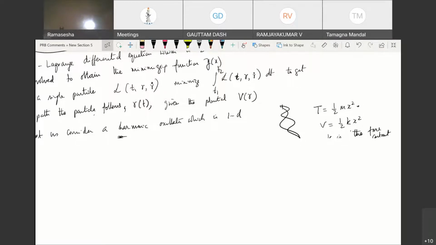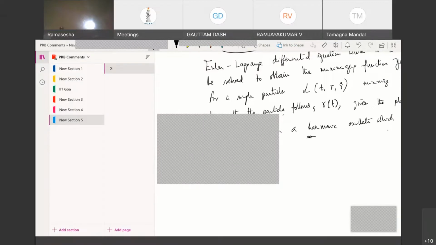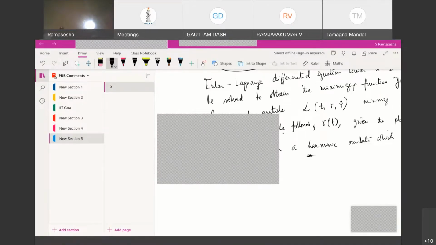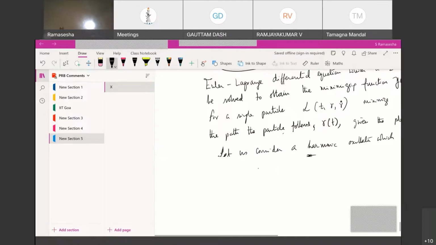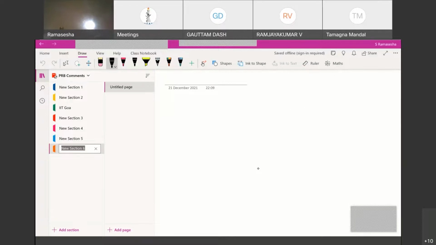So, okay. So it's not opening, it's not writing. So let me open another page. Okay. Maybe it will. Yeah. No, it's better.